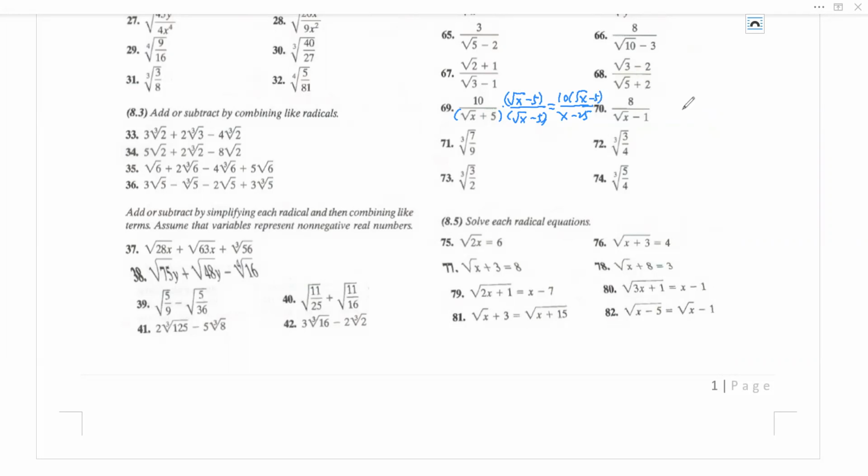Let's see the 70. 70, the same. Here we multiply by x plus 1. That's very critical. Sometimes you cannot even imagine how multiplying by something can make the radical disappear, right? Plus 1, all right? So 70 to 71, 74, that's easy for everyone.